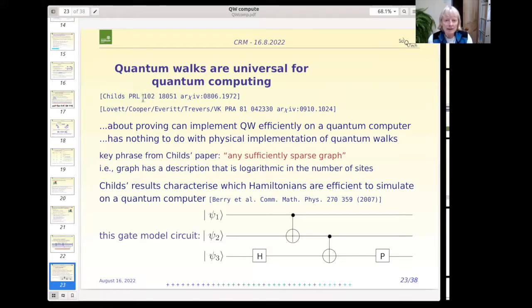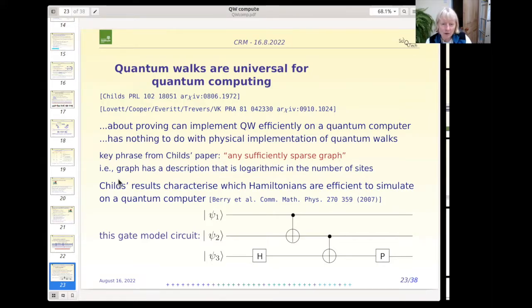And what he did, it's not about proving you can implement quantum walks, physical implementations. It's about proving that you can efficiently implement the quantum walk on a quantum computer. So the key phrase from his paper is any sufficiently sparse graph.